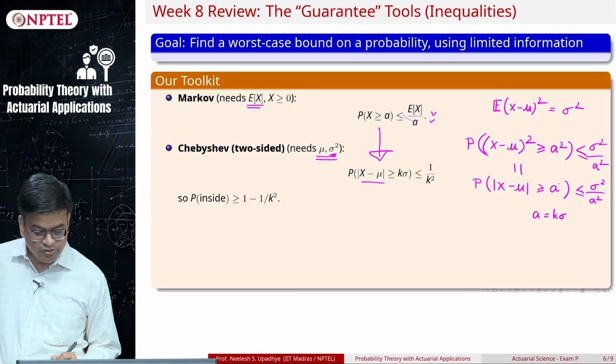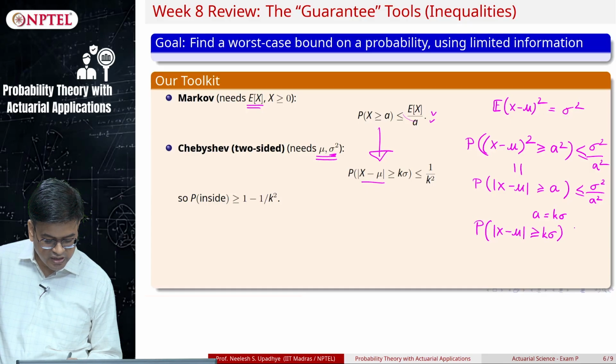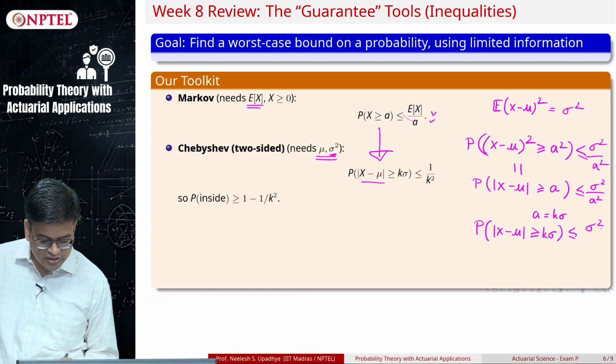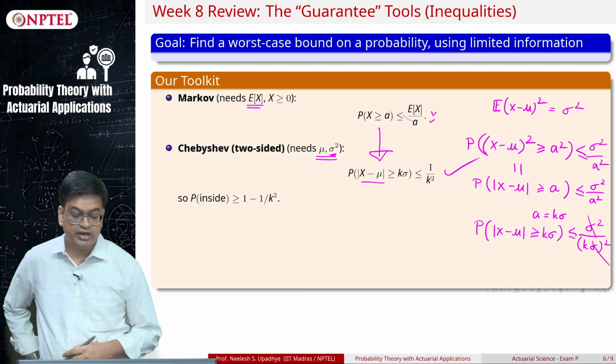Then probability of mod x minus mu greater than or equal to k sigma is less than or equal to sigma square upon k sigma the whole square. So, sigma square gets cancelled, and you get this inequality.